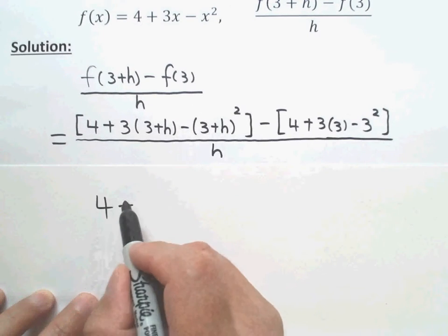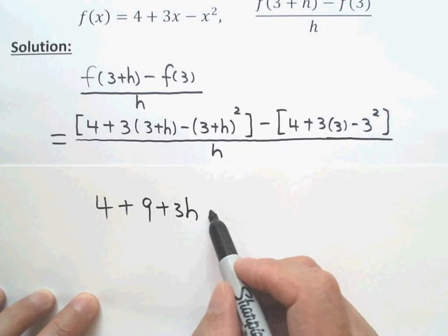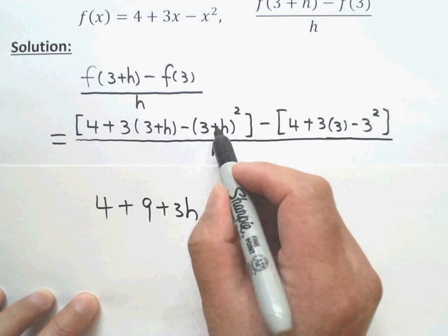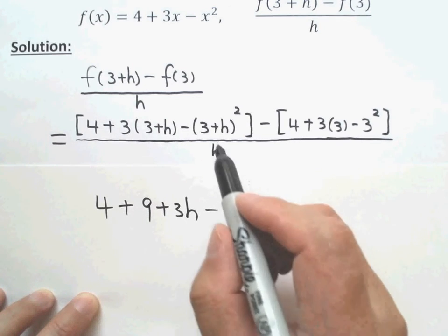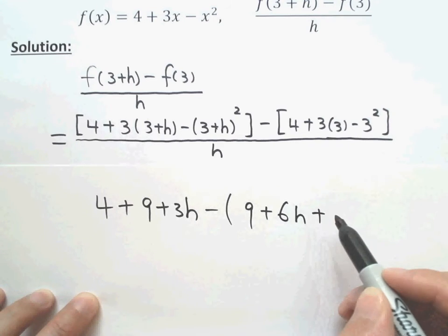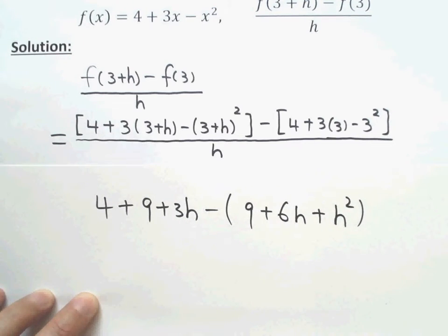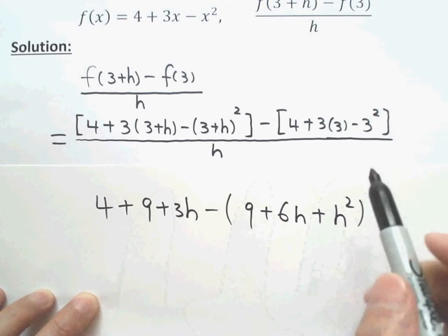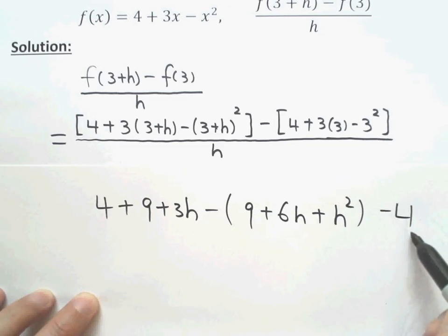That's 4 plus 9 plus 3h. Distribute the minus on the parentheses. This is a perfect square: the first squared, which is 9, plus 2 times the first times the second, which means 6h, plus the last term squared, h squared. The last part, 9 minus 9, is 0, so that's 4 left.